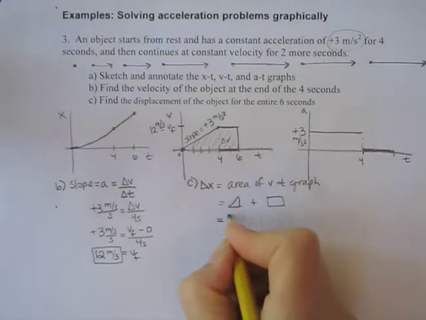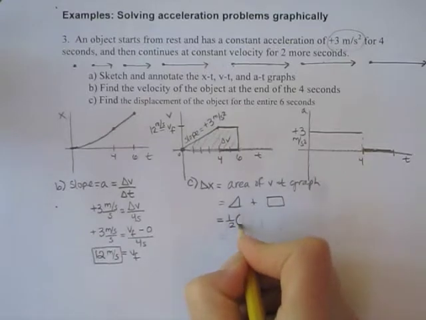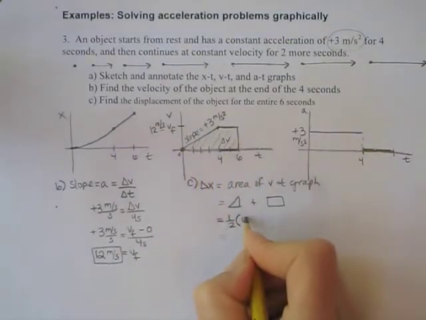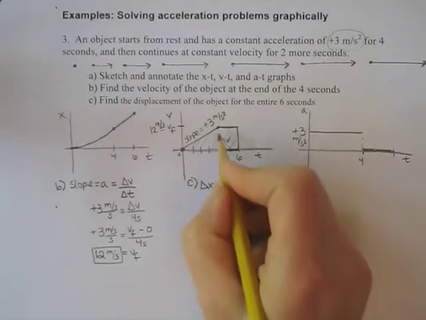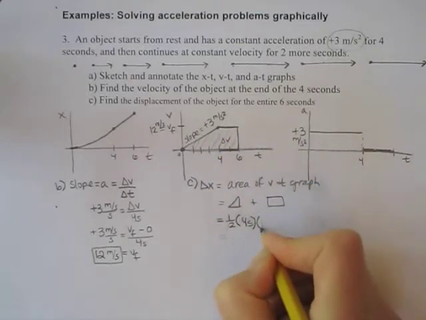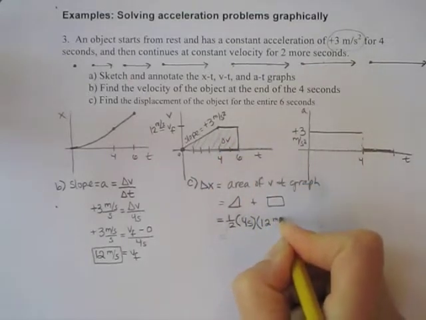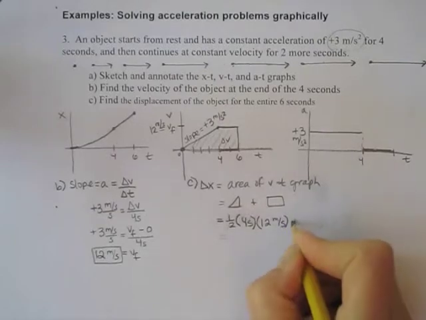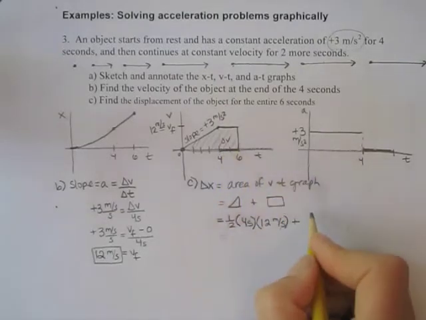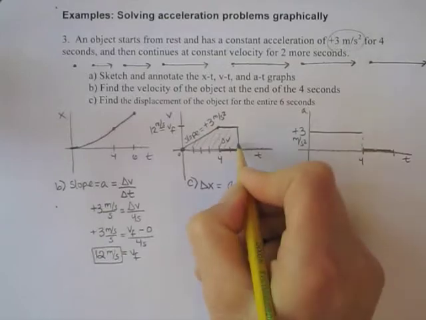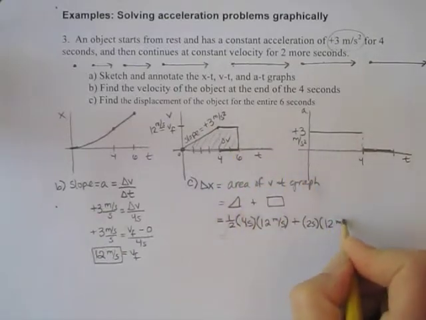So the area of a triangle is 1/2 base times height. The base is 4 seconds, and the height is 12 meters per second. And for the rectangle, the base is 2 seconds, and the height again is 12 meters per second.